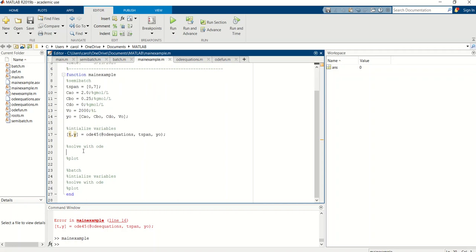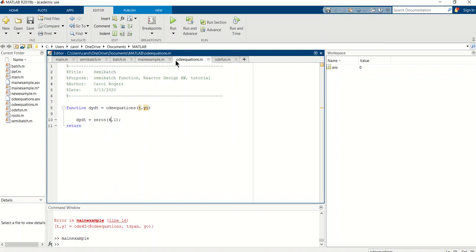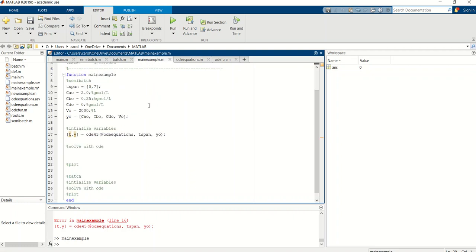But we're going to go ahead and put in our plotting mechanisms so that we can check and make sure that whatever values we get from the ODE solver are correct too. Because even though it thinks that they're correct now, we can't tell until we've plotted them and see what the initial concentrations are.